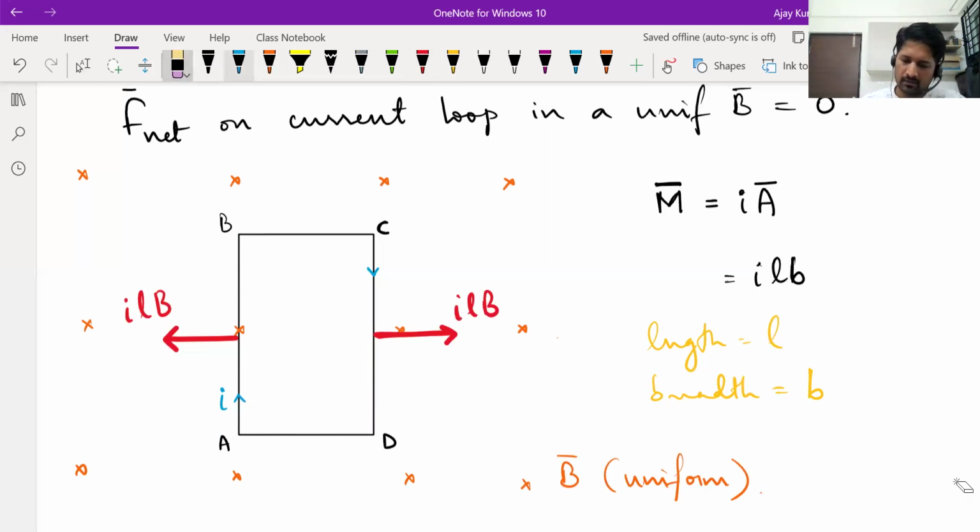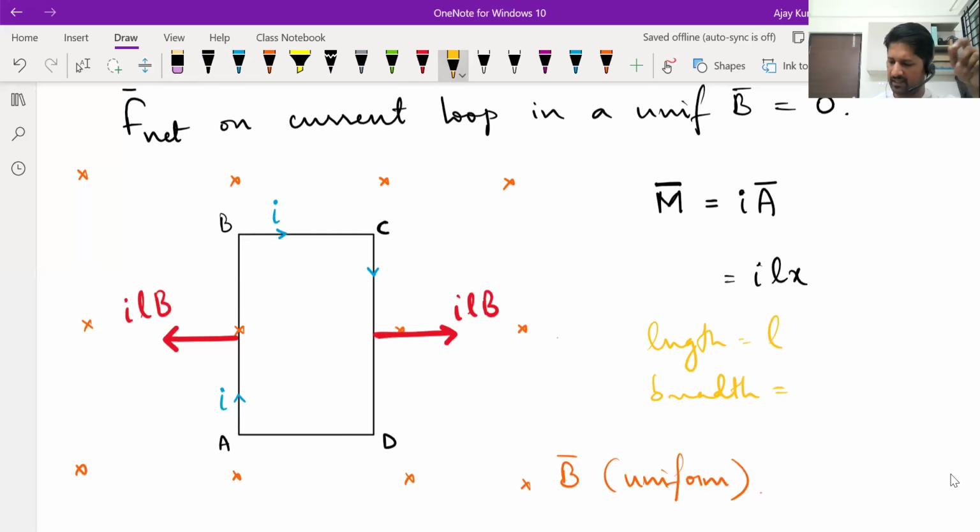Next, Rishi, tell me how much force and in which direction will it be acting on the side BC? The breadth of this rectangle is B, or just for convenience, let us call the breadth as X. IXB on both.